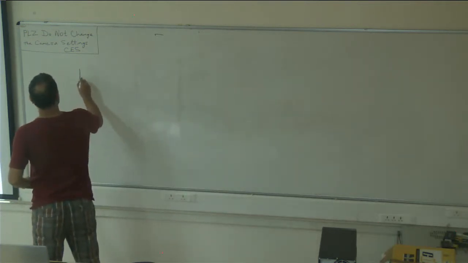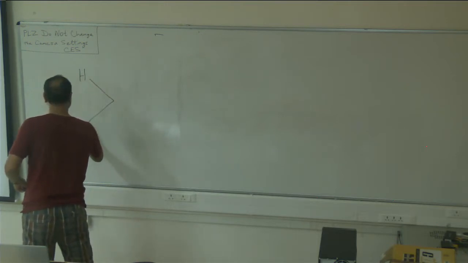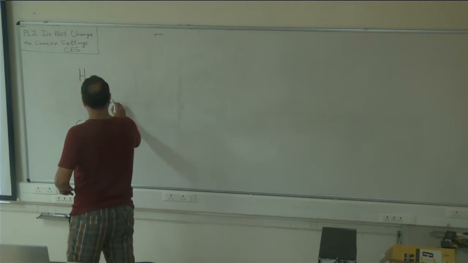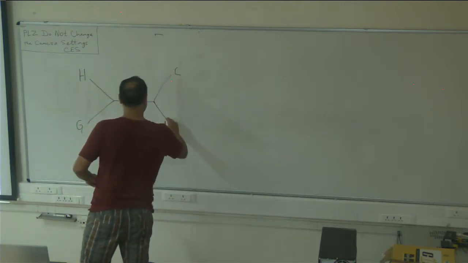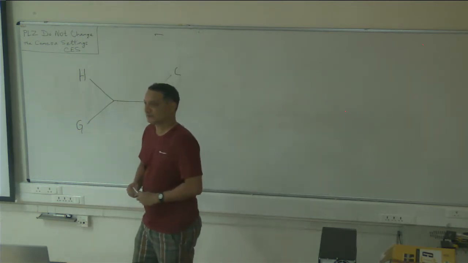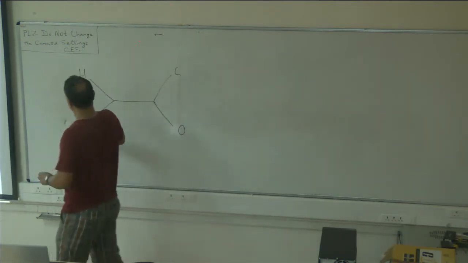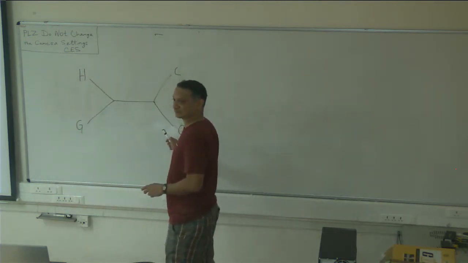Tree number 2 is human, gorilla, chimpanzee, orangutan. Right? So what do you do first? You replace this by the basis.